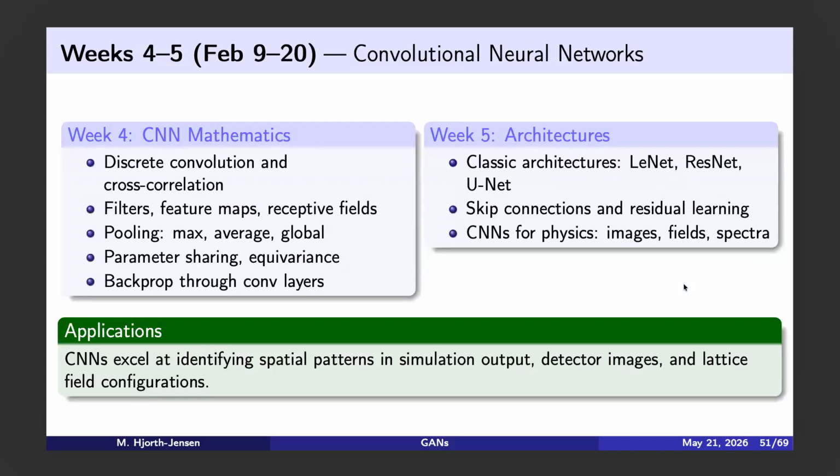Then for the next 2 weeks, we spent some time on CNNs and looked at the mathematics of CNNs, especially as applied to images, which is one of the main fields of application. CNNs and recurrent neural networks are actually elements which you can think of as building blocks.